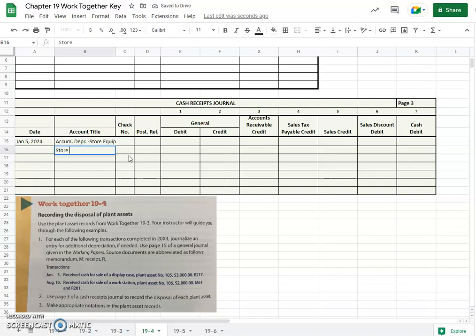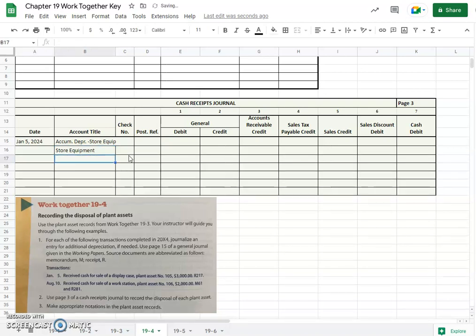We'll need store equipment, because we'll have to reduce that, and we'll find out if we'll either have a gain or a loss. We'll figure that out on plant assets, and then we'll just fix this.